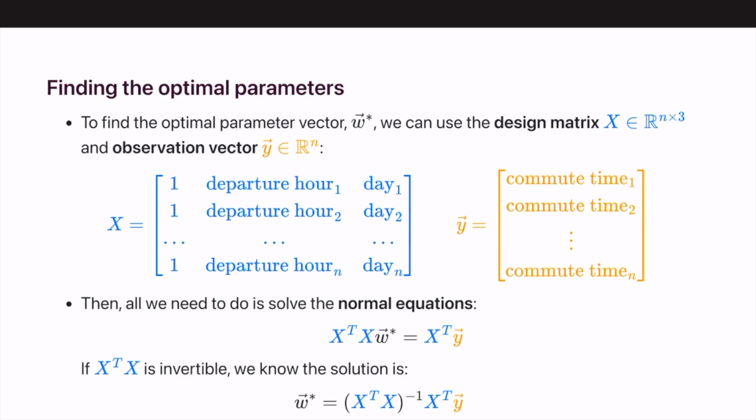And it's also good to know that when we're trying to find that W vector, using the normal equations there's always guaranteed to be a unique solution, a unique W vector, if and only if X transpose X is invertible. And what does it mean that it's invertible? Well, if we take the determinant of X transpose X and it's non-zero, that means that it is invertible. And what that tells us is that the columns of X are all linearly independent.